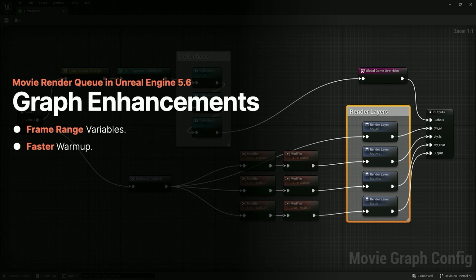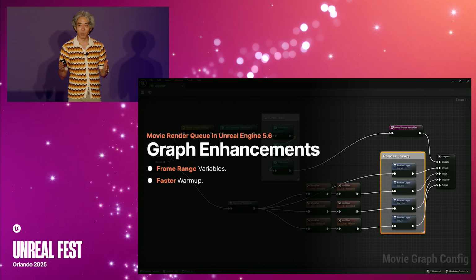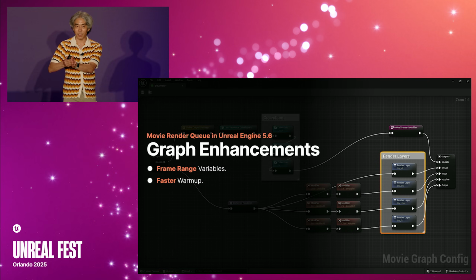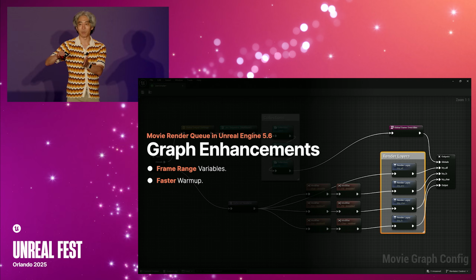We made some improvements to warm up. Warm up is kind of a necessary thing to make sure everything loads in your sequence before we go to render. But what we discovered is that we don't necessarily need to run all of the samples for every warm up frame. So now, if you have, let's say, 64 warm up frames, it's going to run that warm up without all the samples, and then for the last 4, I think, it dials up the samples, and that's all that's necessary to set it up for the actual shot.